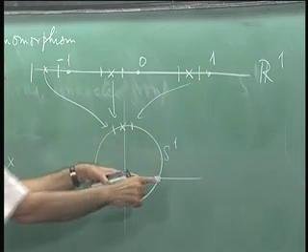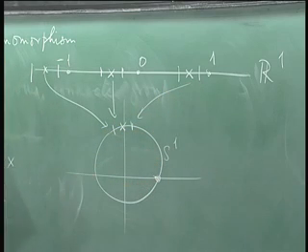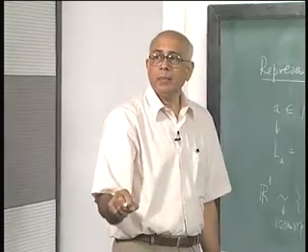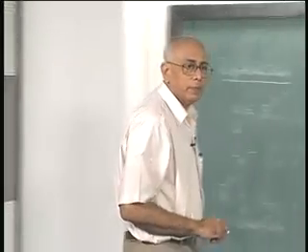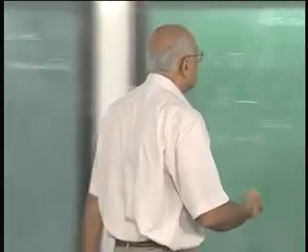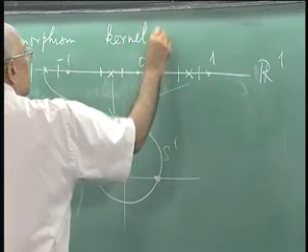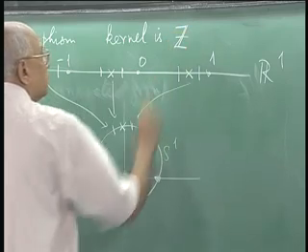They are all mapped onto this single point here. So an infinite number of points, all the integers, are mapped onto the identity element in S1, and that set of points which is mapped onto the identity element in a homomorphism is called the kernel of this map. The kernel is the set of integers.